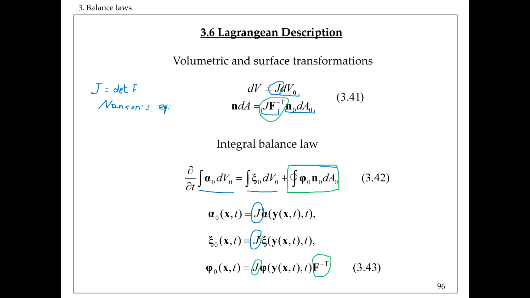We're going into the Lagrangian description. So our independent variable here is x, as opposed to the one that we use in the Eulerian description. So our x is our undeformed configuration position vector, right?